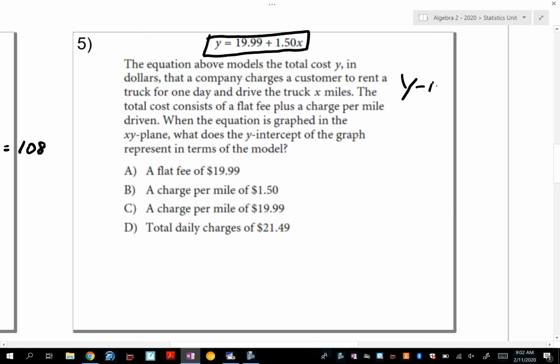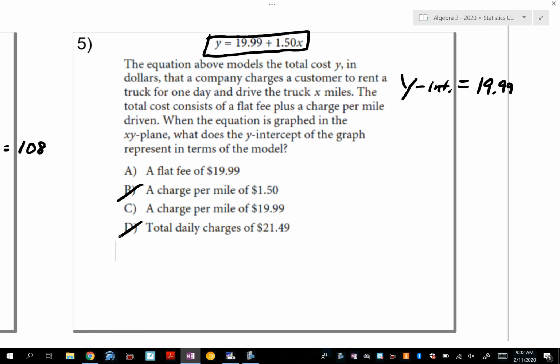So the y-intercept is 19.99. It says, what does the y-intercept represent? Immediately, I know that the y-intercept is 19.99, so I know it's not going to be B or D, because they're giving you the numbers in the answers, so it needs to say something about $19.99.